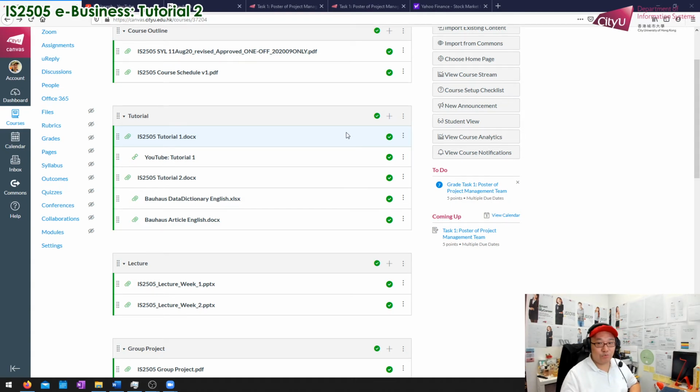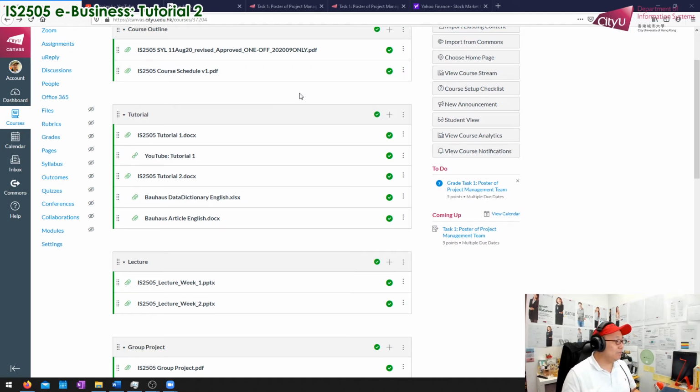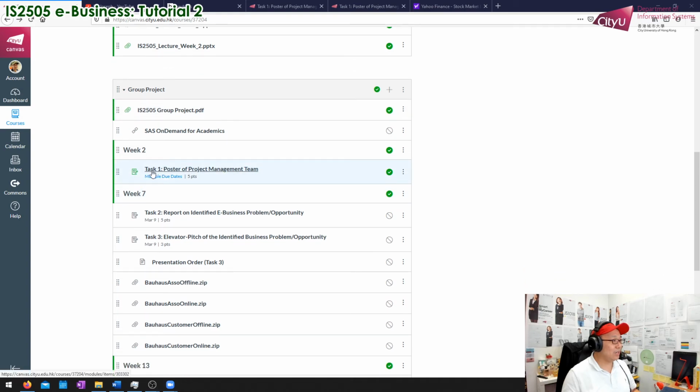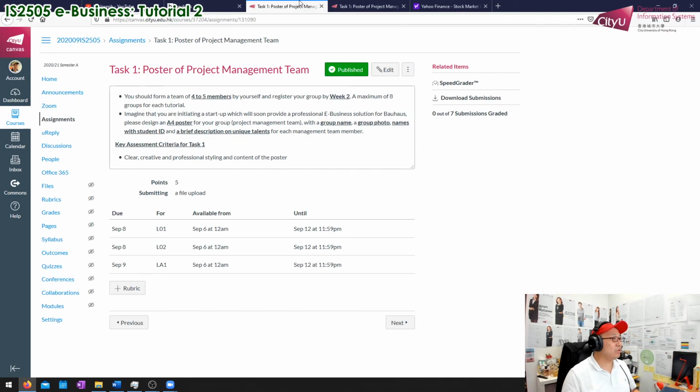Yes, feel free to resubmit it. Yes, sure. In case you find anything wrong, you can always resubmit it. Now here under group project, you will find that this task 1 poster of a project management team here. If you click on it, it shows you something like this. So for this tutorial, I think it's lab 01.